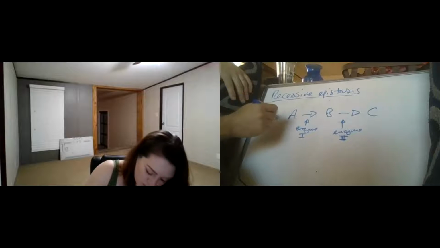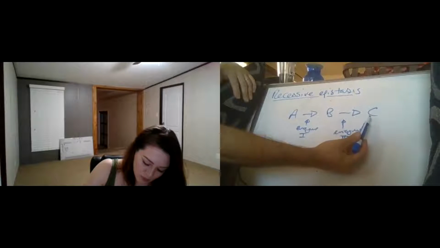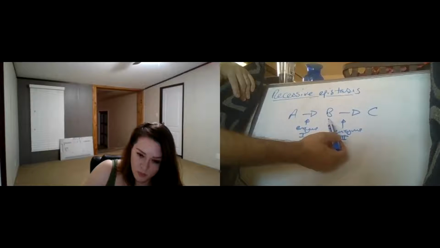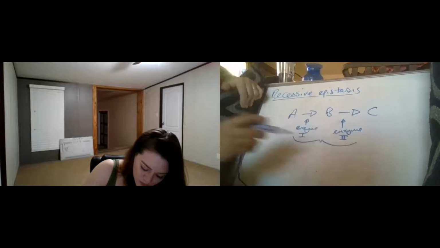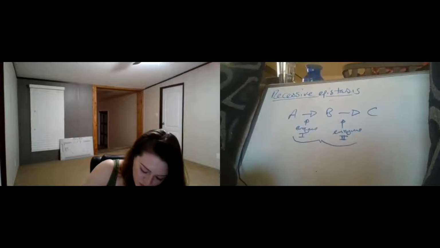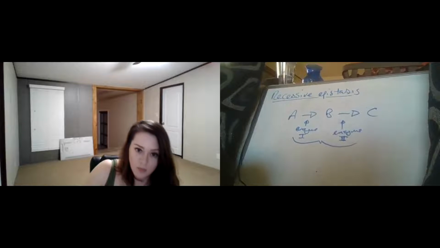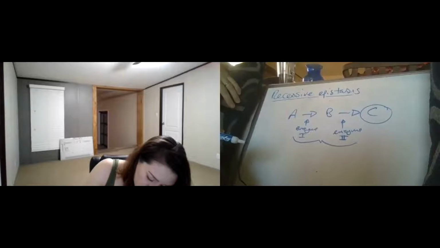Whatever this might be, this is your precursor, this is your C, which would be your final product, with B being an intermediate. You need both of those functioning in order to be able to get your final product.